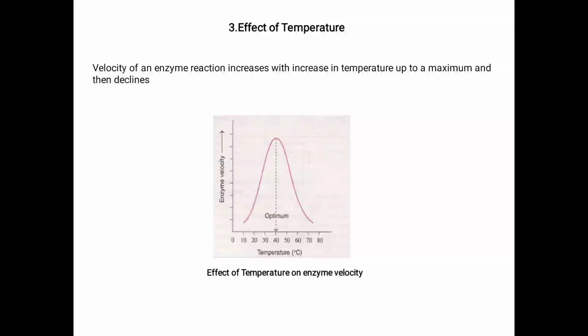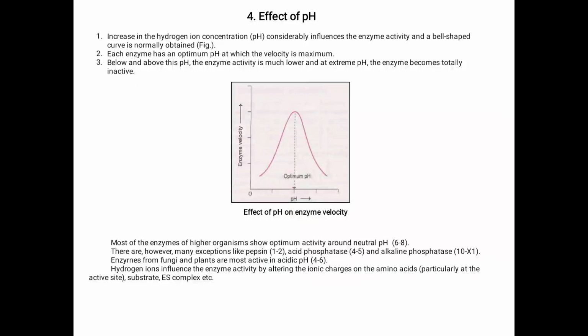We can consider 30 to 40 to 80 degree centigrade as the range where the enzyme works properly, and above 80 degree centigrade the enzyme starts to denature. So that is why the optimum temperature for the enzyme to work is 40 degree centigrade.